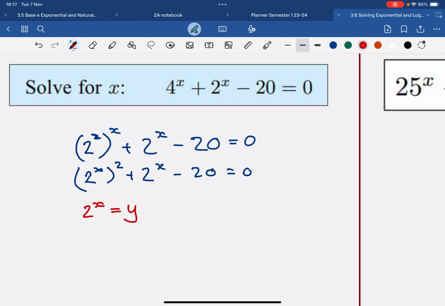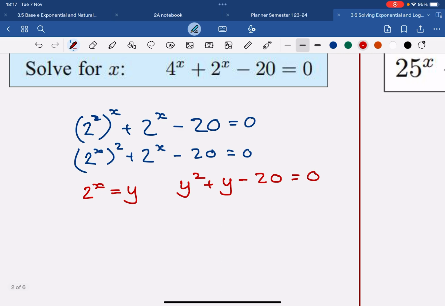So your equation becomes y squared plus y minus 20 equals 0. That equation now factorizes. You can pause if I'm going too quickly and you want to spend a minute factorizing, but I think it factorizes into y plus 5 and y minus 4 equals 0.